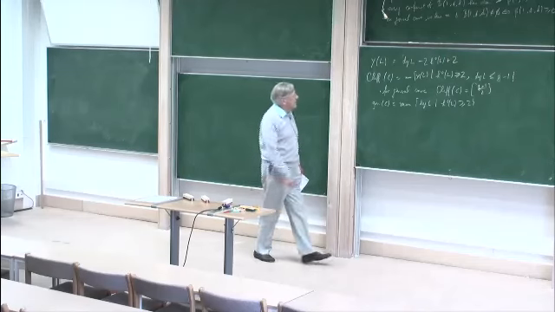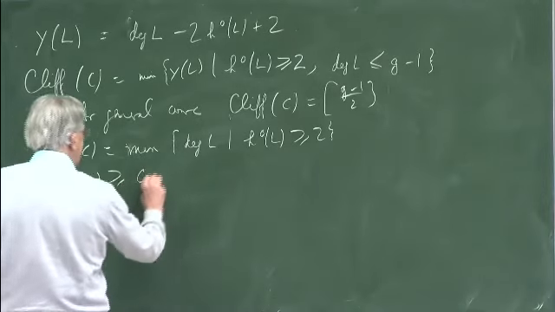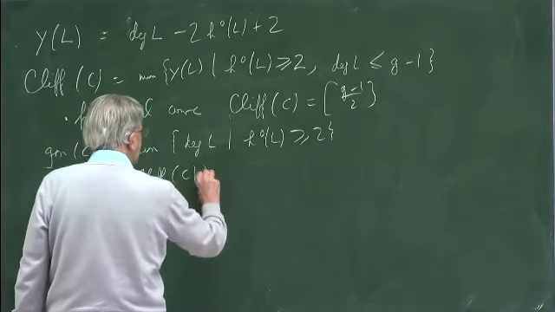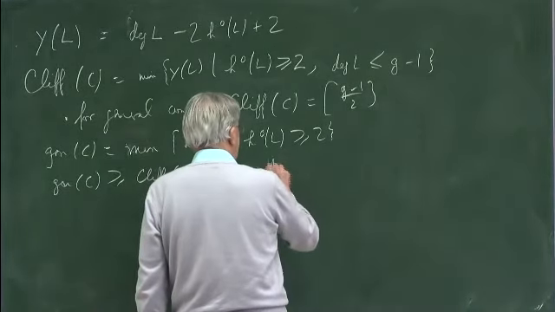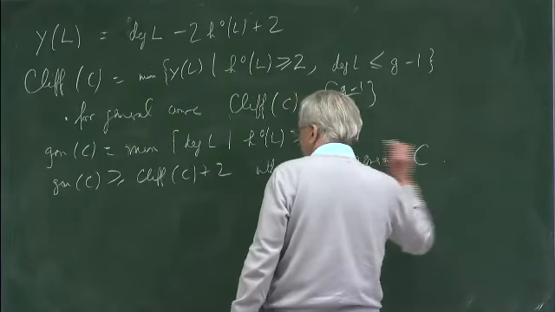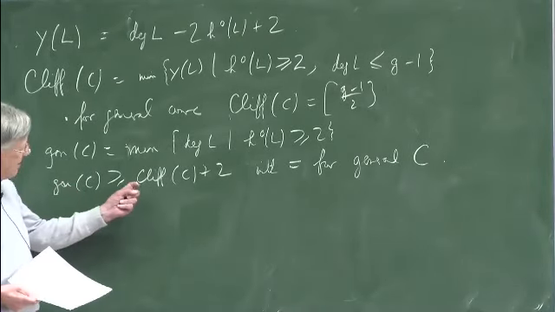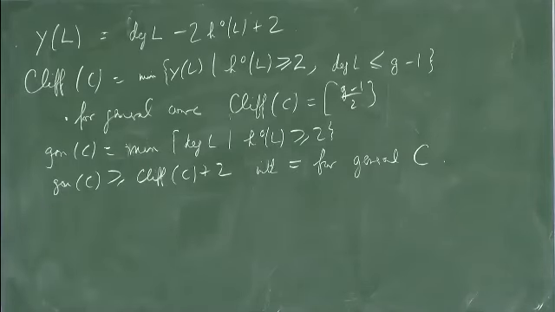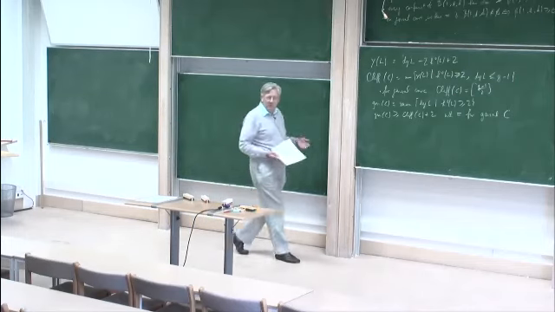It follows at once from this that the gonality of C is greater than or equal to Cliff(C) plus 2, and we have equality on the general curve, and lots of other curves as well. In fact, rather more remarkably, it turns out that the gonality of C is always less than or equal to Cliff(C) plus 3. That seems a rather strong result, but it is true.